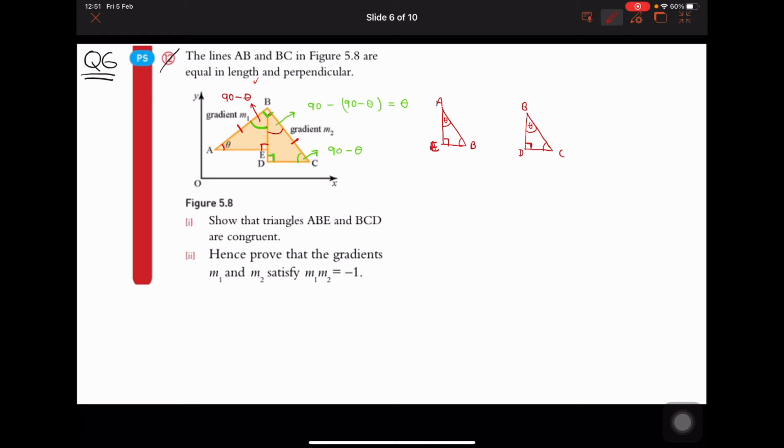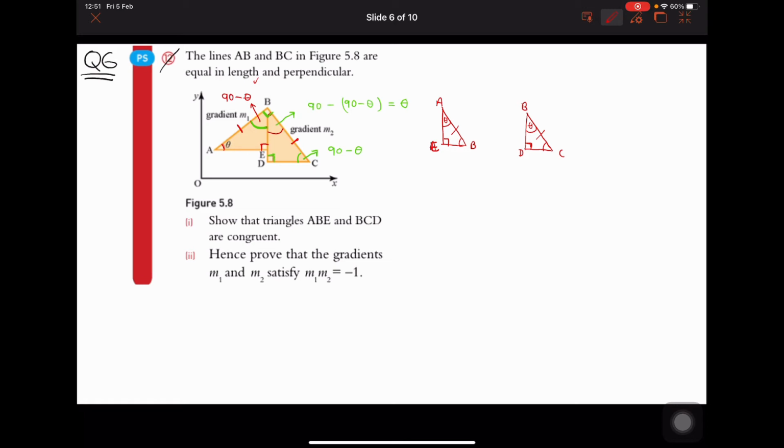This is the same, and they have the same hypotenuse. So the fact that they have the same three angles means that these two triangles are either exactly the same or one is an enlargement of the other.